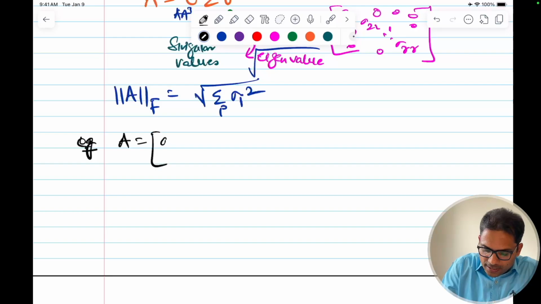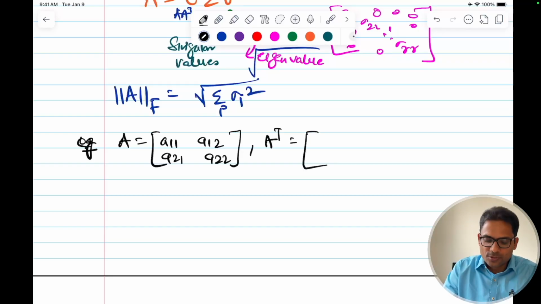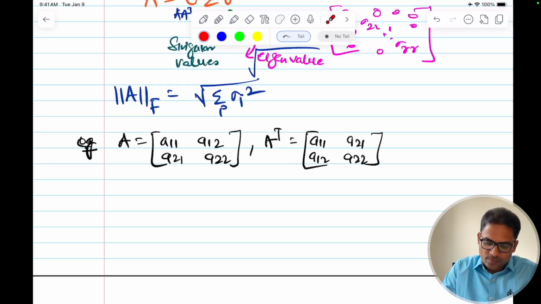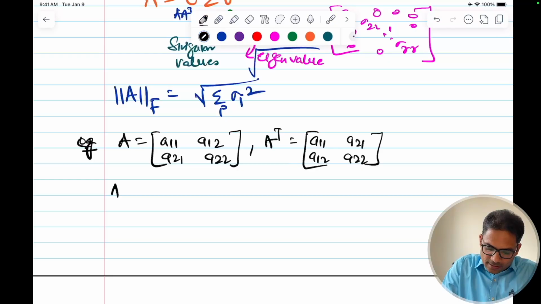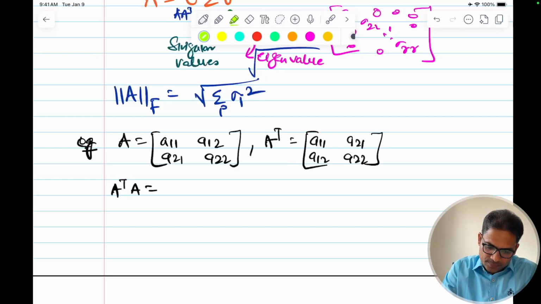Say for example, A is A11, A12, A21, A22. So A transpose will be rows into columns, columns into rows, so this becomes A11, A21, A12, A22. Now A transpose A is you multiply A transpose with A. Let me put them side by side.